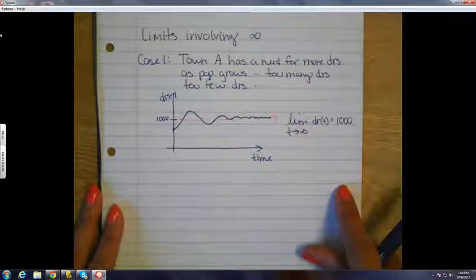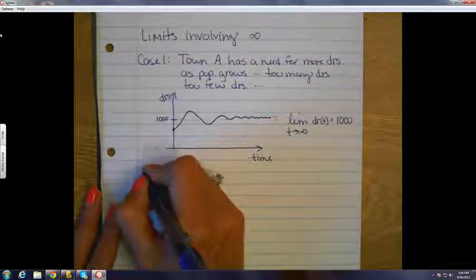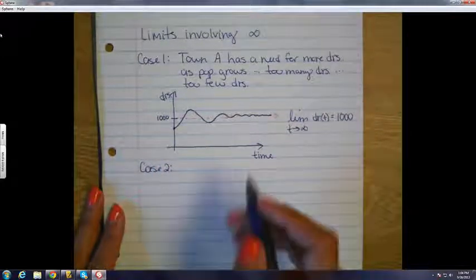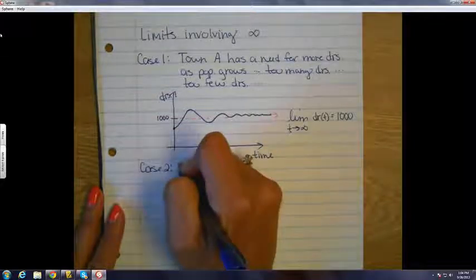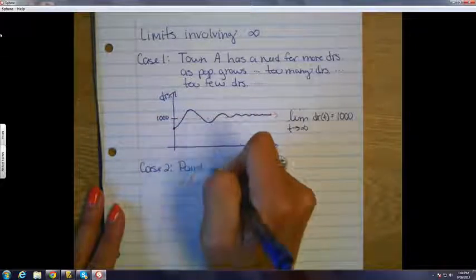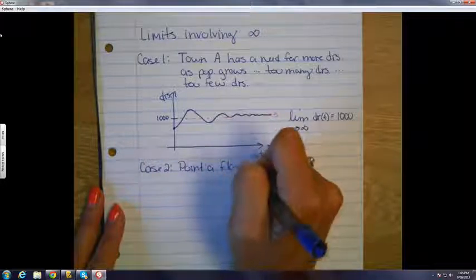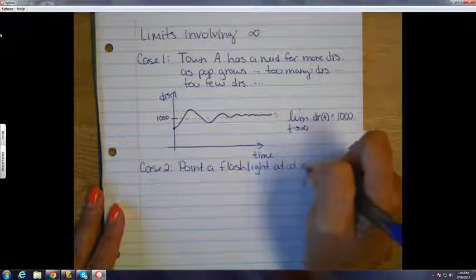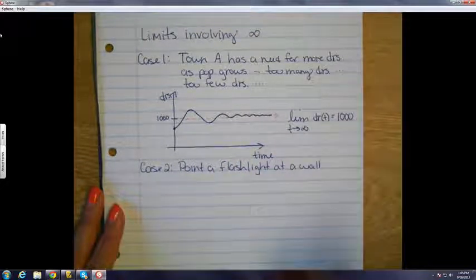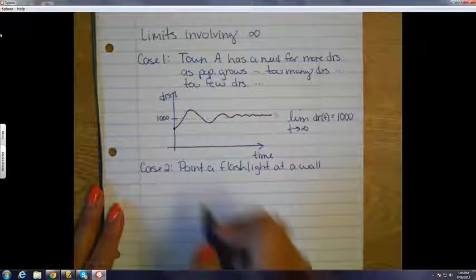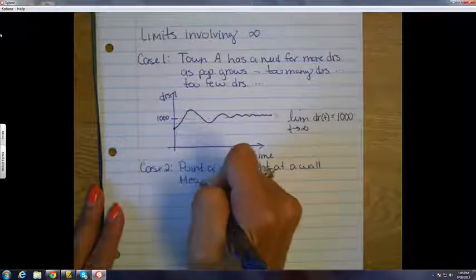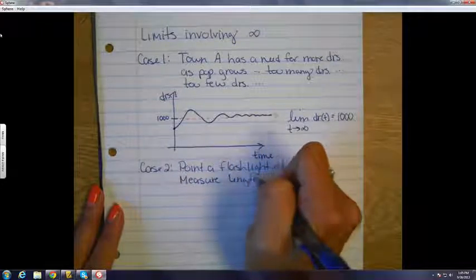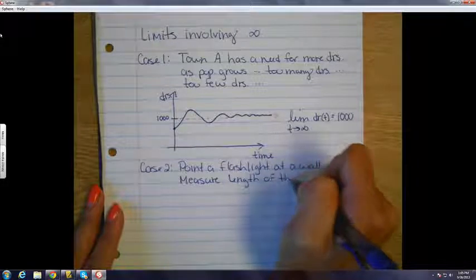Another way to involve infinity. Okay, let's say we've got a flashlight pointed at a wall. And we're going to be measuring the length of the beam of light.